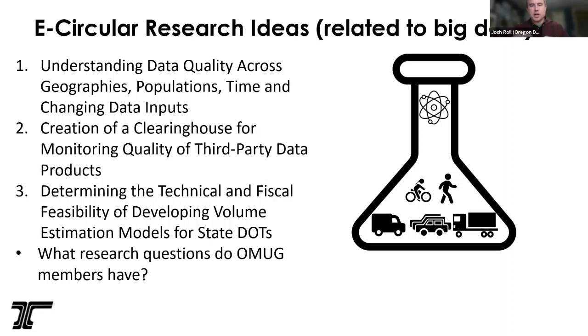The other research concept is the creation of a third-party data evaluation clearinghouse. The idea is a one-stop shop to know, for a given data product, whether evaluations have been done and what those data quality evaluations have shown. This is a bit like the crash modification factor clearinghouse that Federal Highways runs, for folks who do safety analysis.